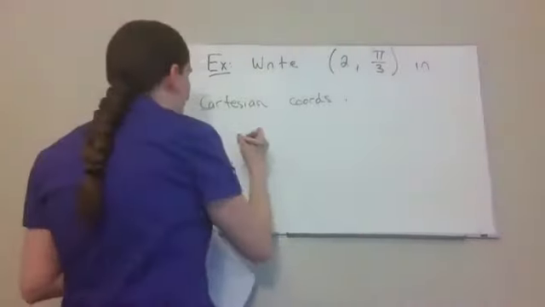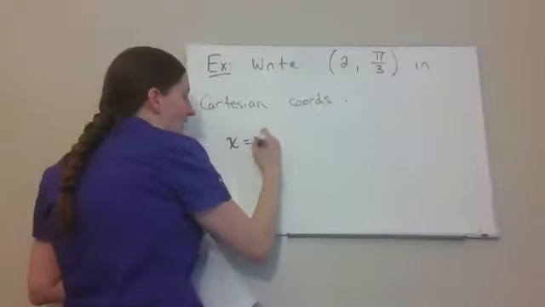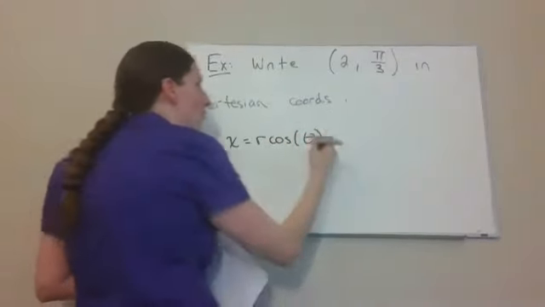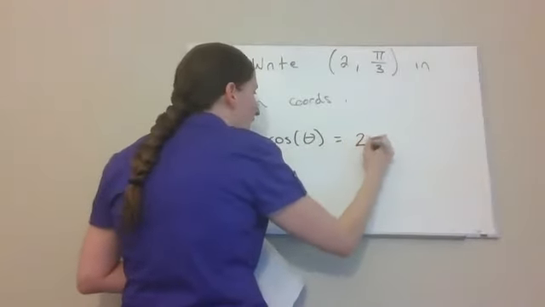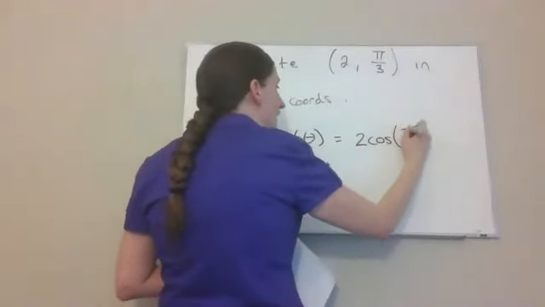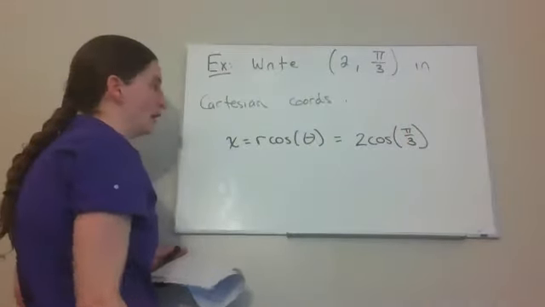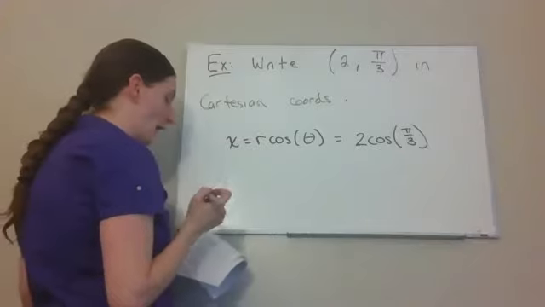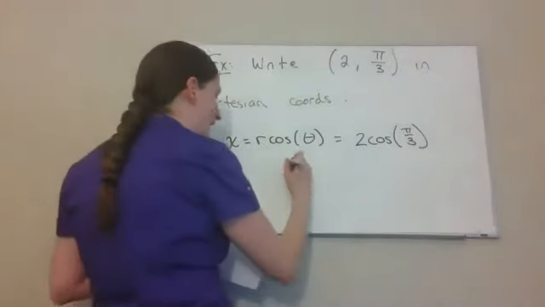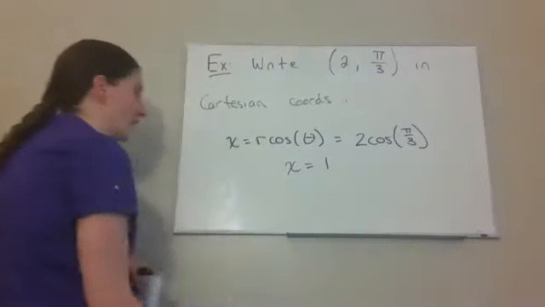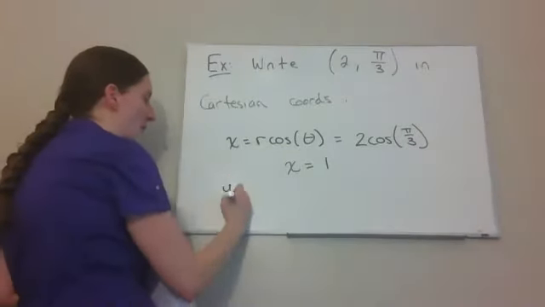So what I have is x is r cosine theta, which for this point here, my r is 2, my theta is pi over 3, so I have 2 cosine of pi over 3. Cosine of pi over 3 is 1/2, so I get that x is equal to 2 times 1/2, which is 1. And now I'm going to do the same thing with my y.